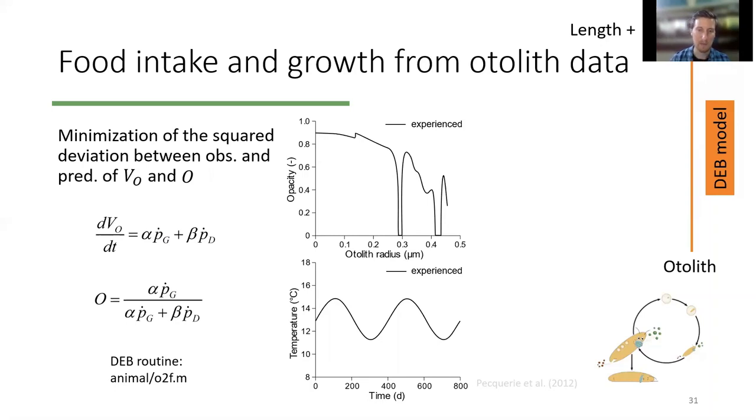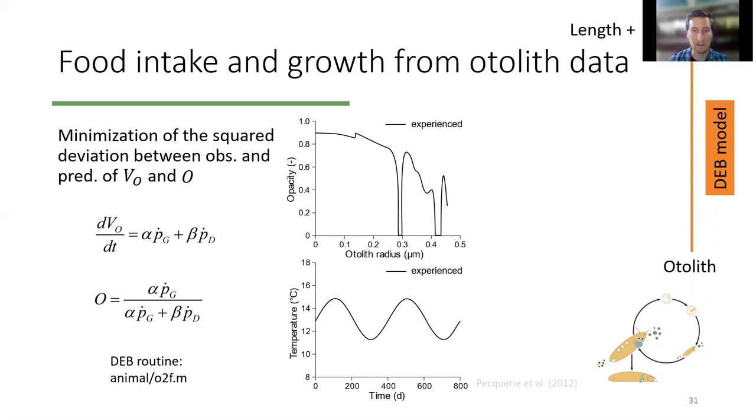So at each time step, you will have a certain value for the volume of the otolith and a certain value for its opacity. And the method used is a minimization method that best predicts what these volume and opacity will be at the next step.